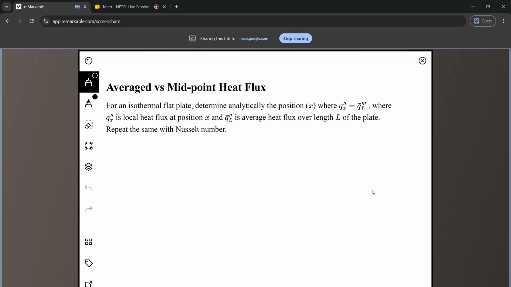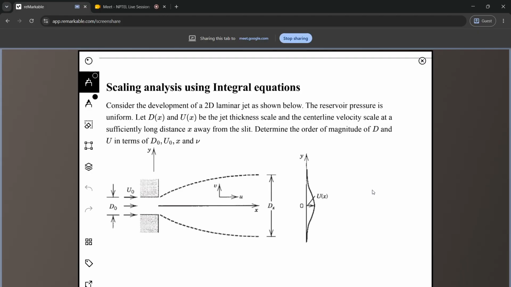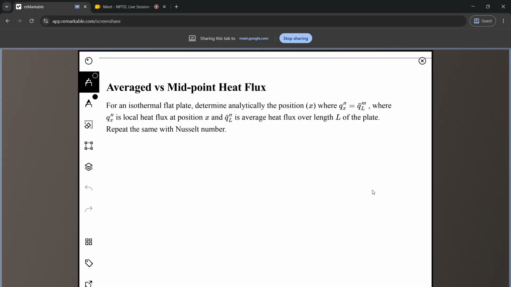This is again to make you understand the difference between the average heat flux and how it varies as a function of x. We take an isothermal flat plate and determine analytically the position x where the average heat flux is equal to the local heat flux.